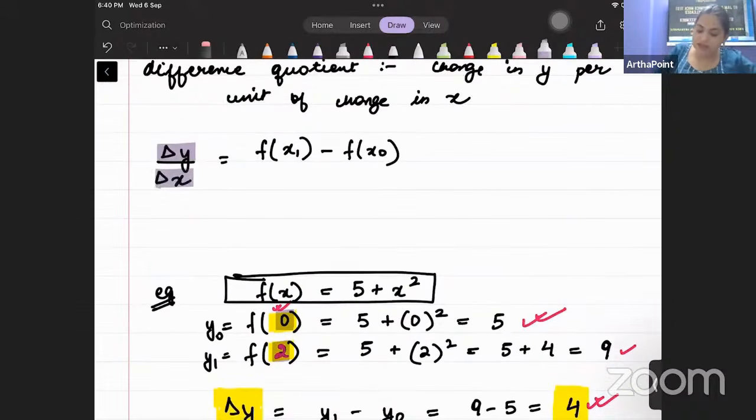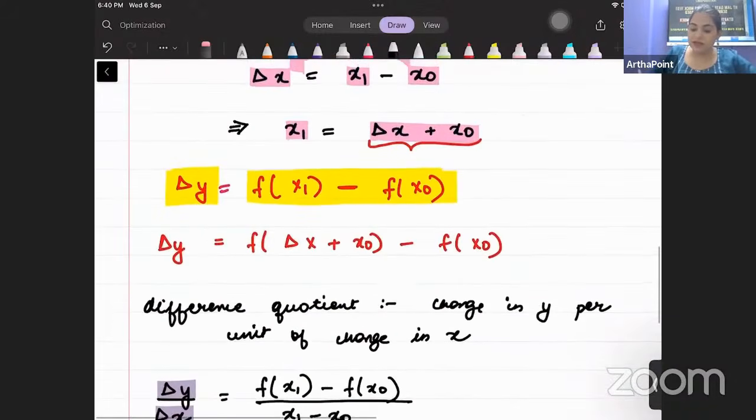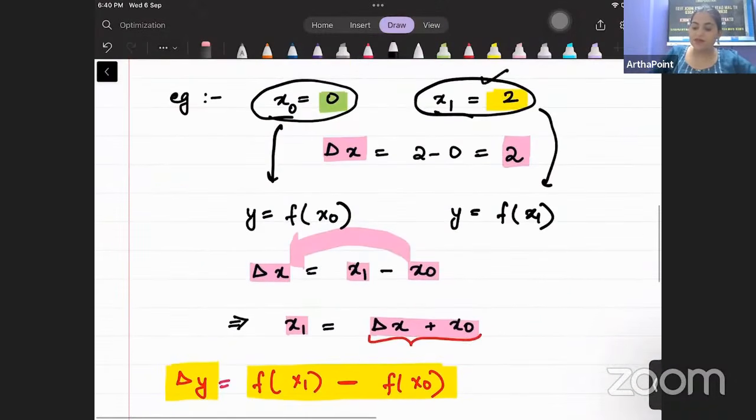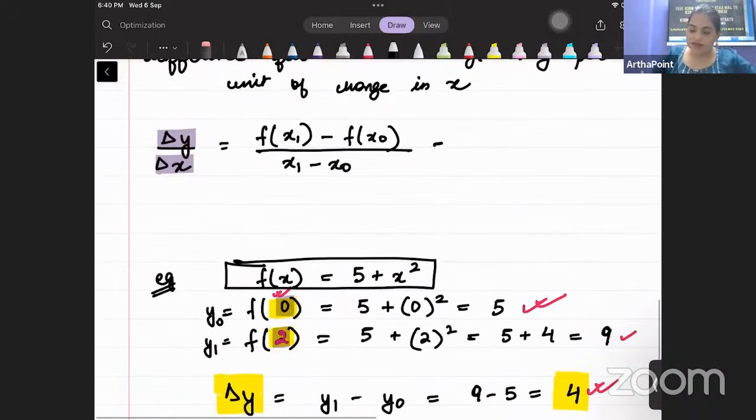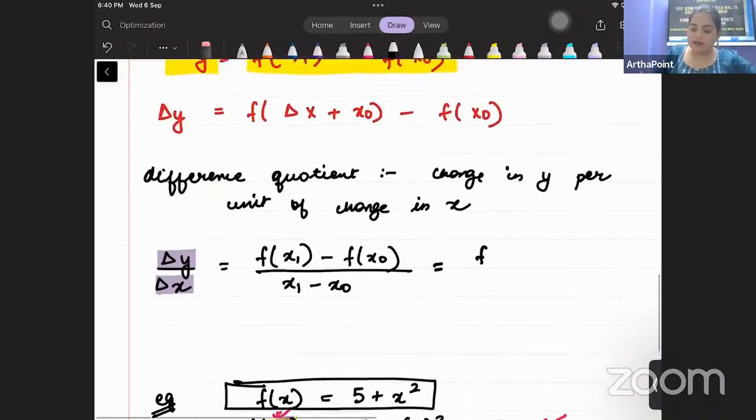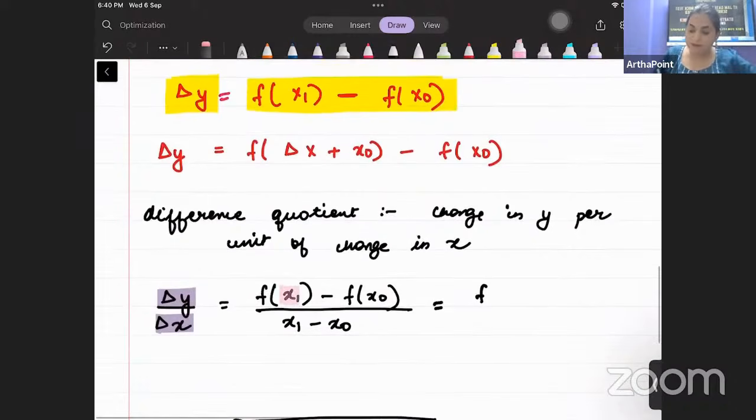What is change in x? Beta, change in x is x1 minus x0, the difference of these two that we found. This one, x1 minus x0. Can I also write this as f of, instead of x1, can I write this? I can.